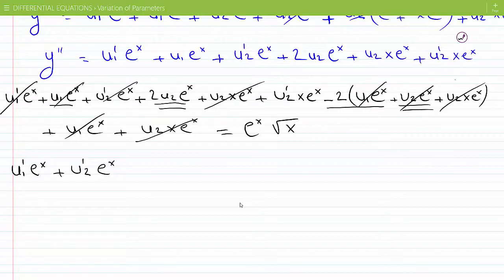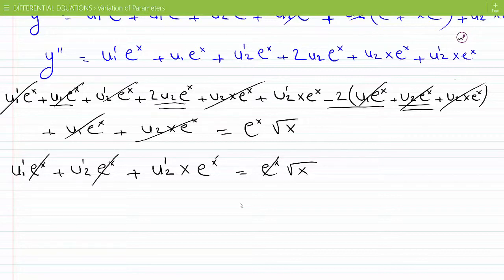And then we've got left u prime 2 x e to the x, and that's equal to e to the x root x. So we can just knock out e to the x from all of them.